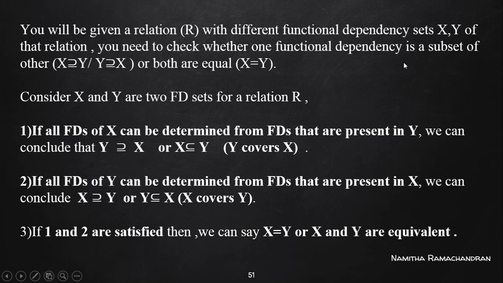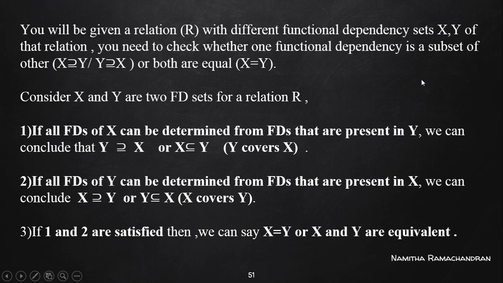Then what do we want to do? We want to check whether one set is a subset of the other, or in other words, whether one set forms a superset of the other. That means X is a superset of Y and Y is a superset of X. If for the given sets X and Y these two conditions are valid, then we can say both X and Y are equivalent.